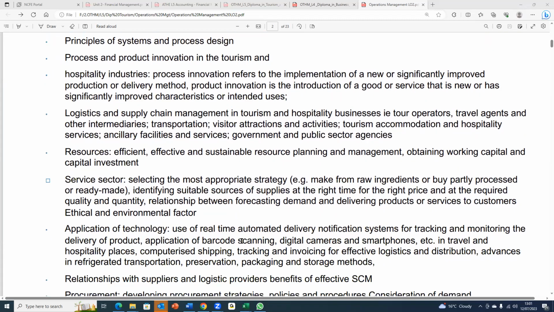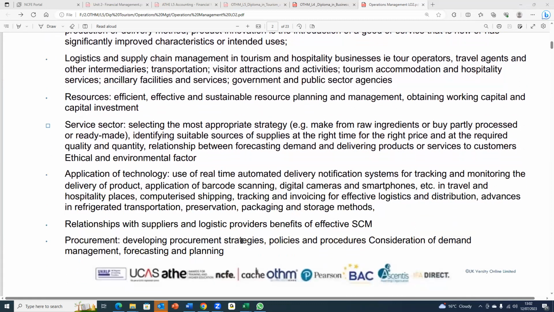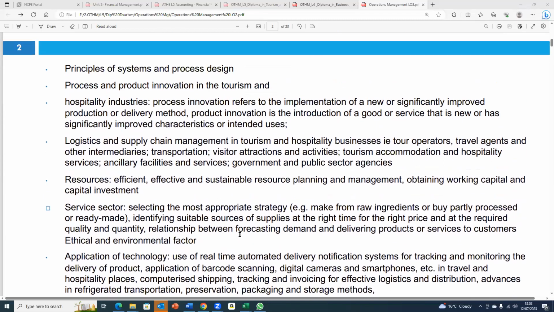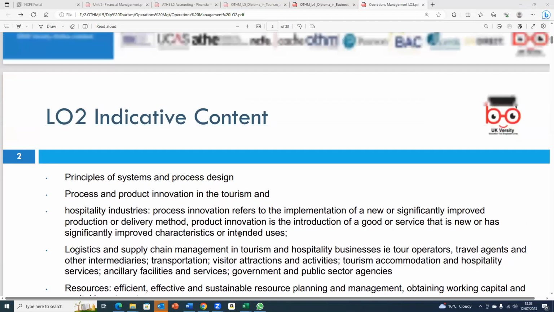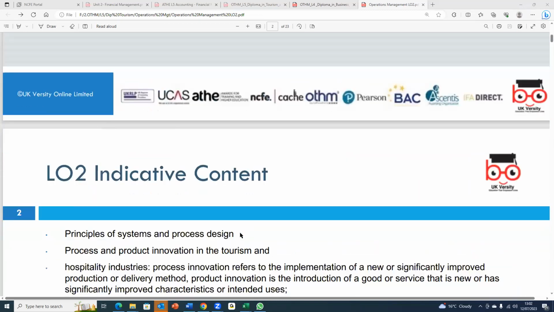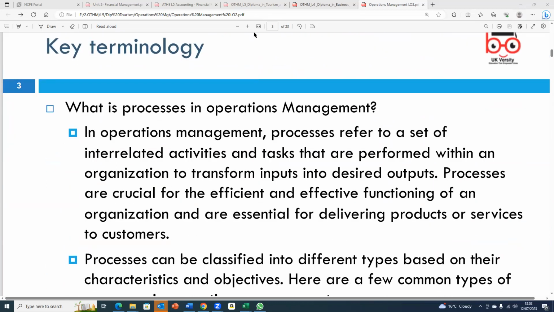We'll cover relationships with suppliers and logistics providers, supply chain management, forecasting, planning, demand management, and other systems that we can utilize in operations management for the travel and tourism industry.